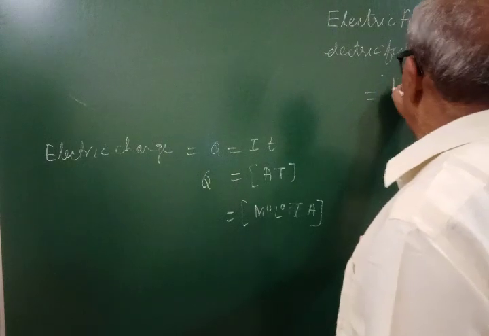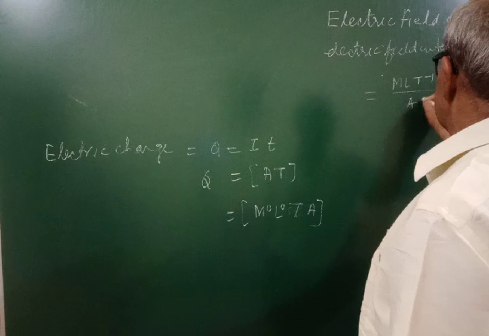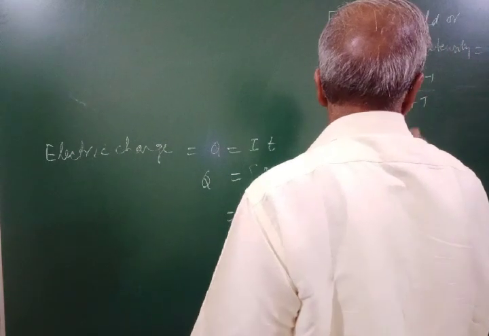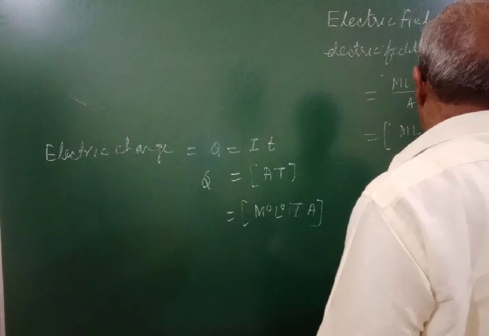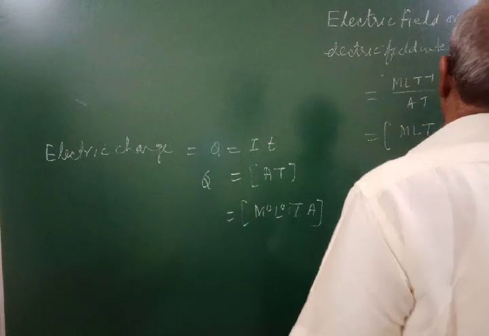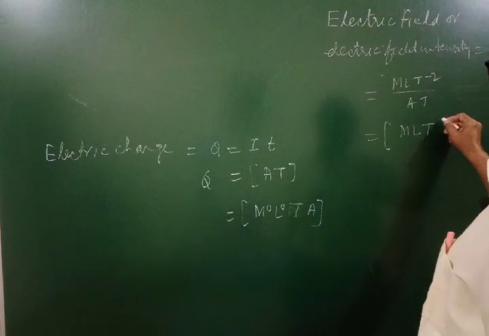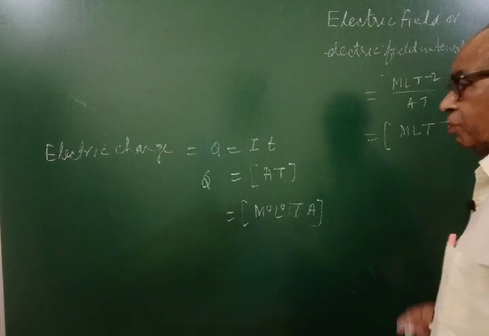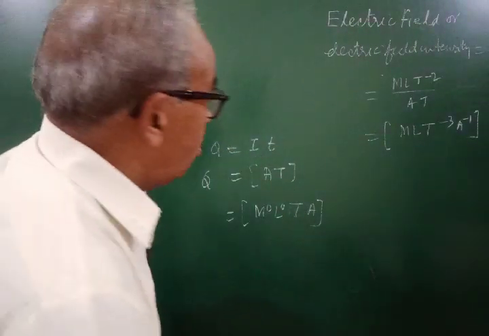So it will be MLT^-2 upon AT. So the dimension for intensity is equal to MLT^-3 A^-1. This is the dimensional formula for electrical intensity.